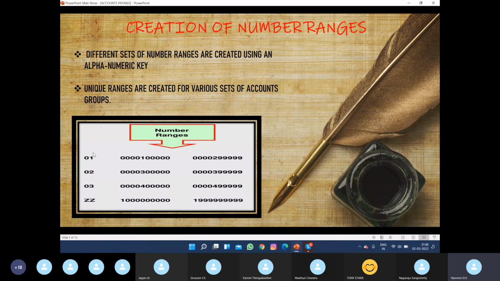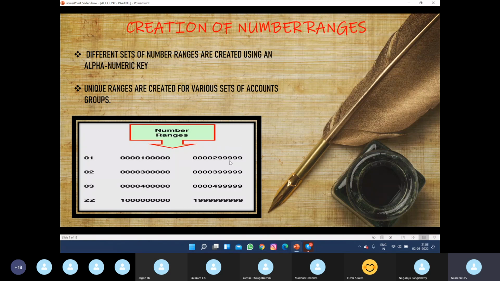We can't overlap the number ranges. For example, if we give 01 and 01 for both the ranges, then the system gets confused about which number range it has to choose. So these keys should be unique, and even the numbers that we allot should not overlap, because we can't give the same number to two or three vendors.